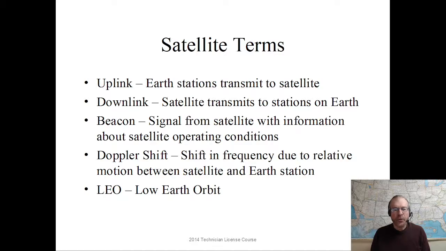Okay, low Earth orbit is a LEO. Remember that. It might be something that's on your exam. LEO, low Earth orbit. A low Earth orbit satellite is something like a Starlink satellite from the SpaceX company.